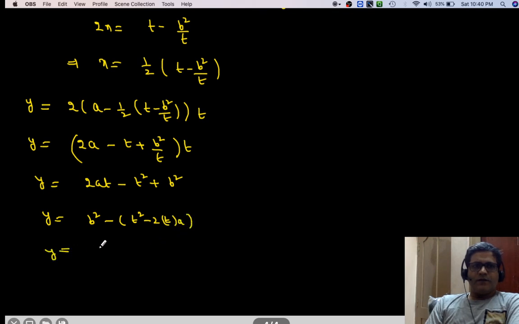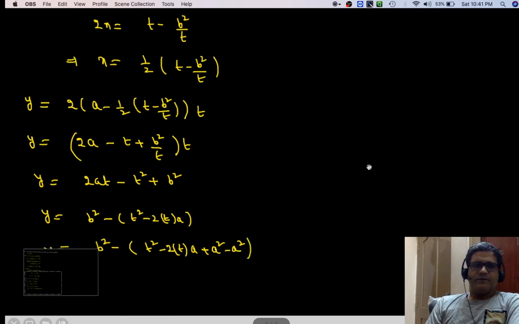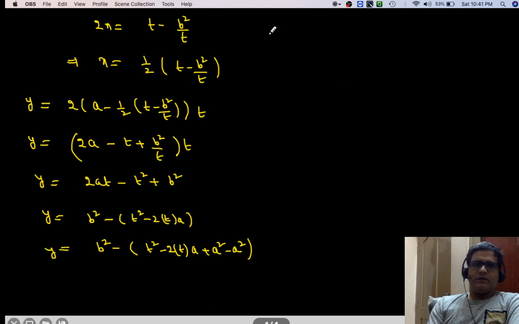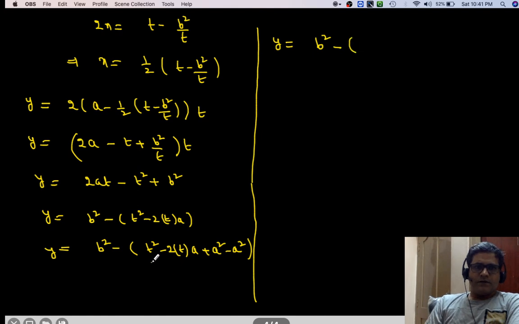So y = b² − (t² − 2ta), and to make it a perfect square we add a² and subtract a². This implies y = b² − ((t − a)² − a²).